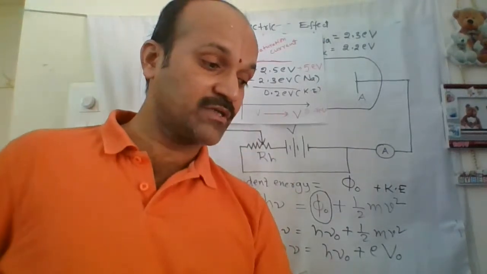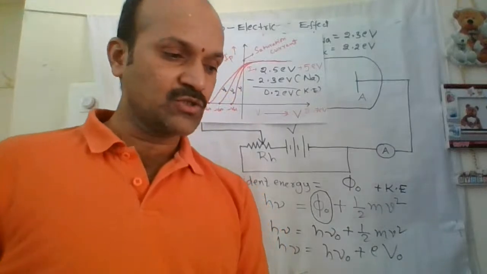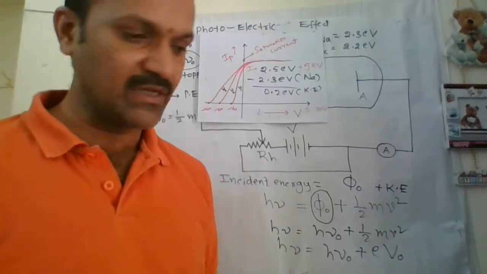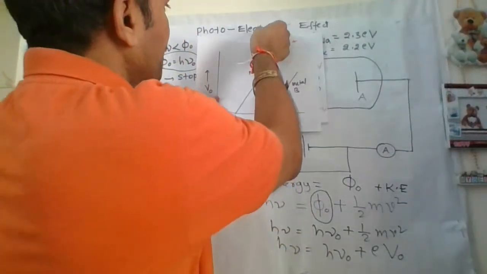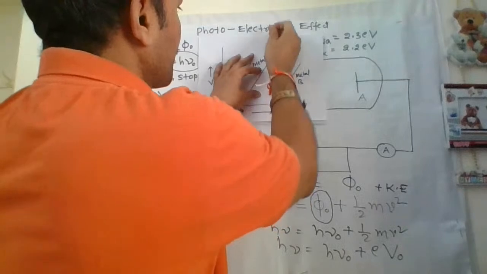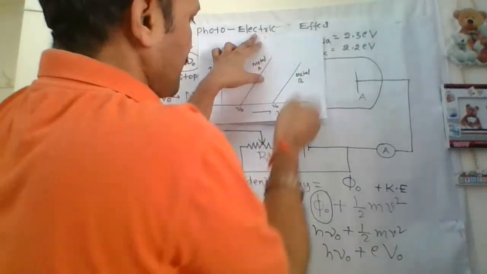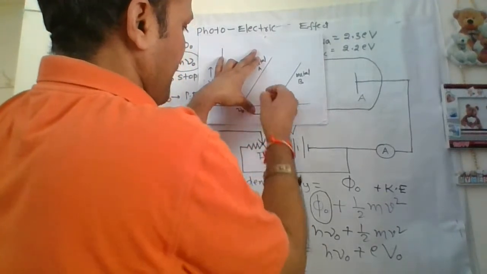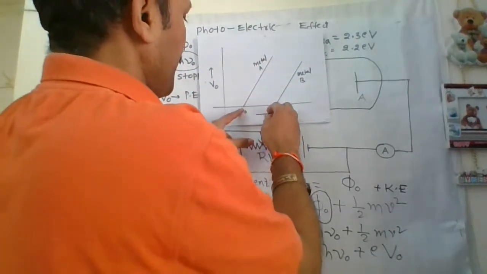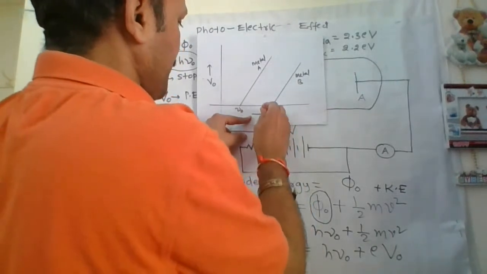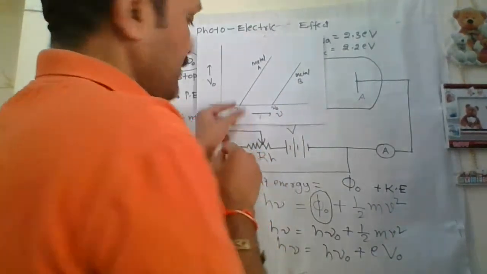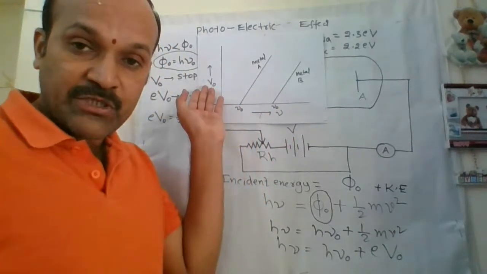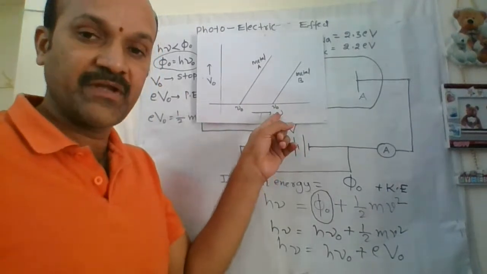One more important thing. How threshold, we already discussed it. Same thing again, another graph. It is how stopping potential is varying with frequency.